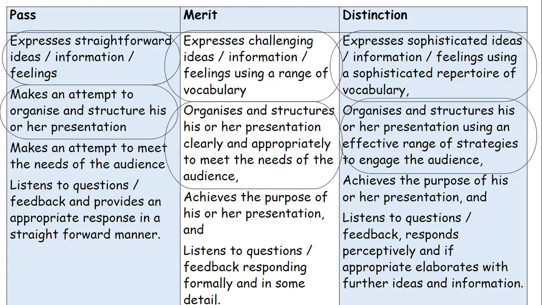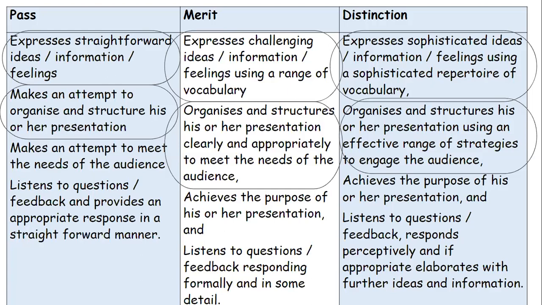Similarly, if you look at organising ideas, the pass makes an attempt to organise and structure the presentation. Okay, so there's some thought about what you're saying when, but it's not particularly for effect. Whereas for a merit, the organisation is really clear and appropriately meets the needs of the audience. So that means you're giving the information that they need when they need it so that they can follow your train of thought.